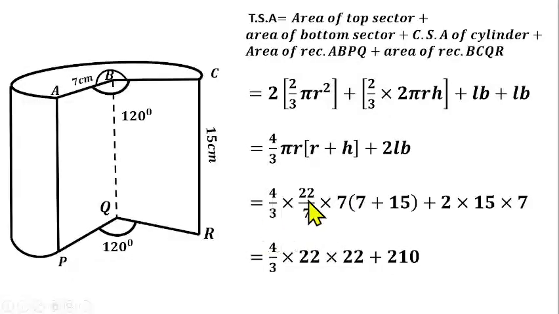So we have 4/3 times 22, then times 7 plus 15, which is 22 also, plus 2 times 15 times 7, which will give us 110. If you simplify that further, we have 855.33 centimeters square as the total surface area of this structure.